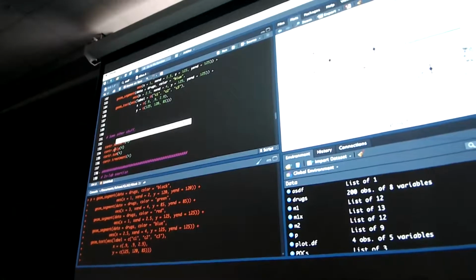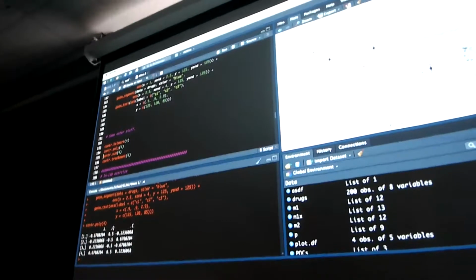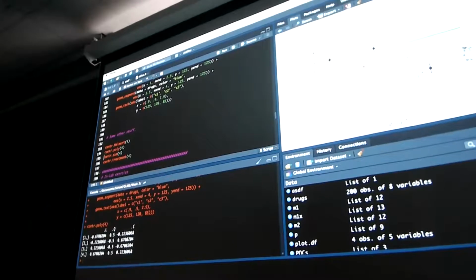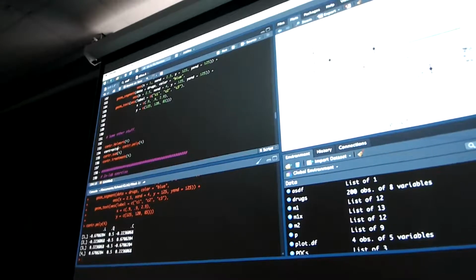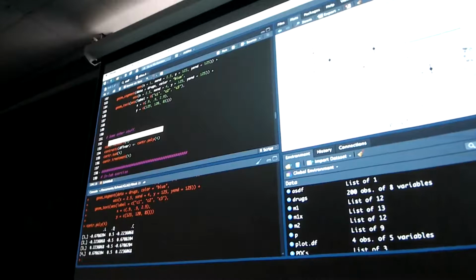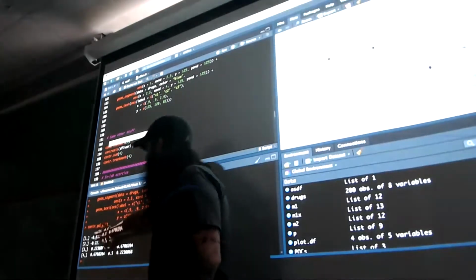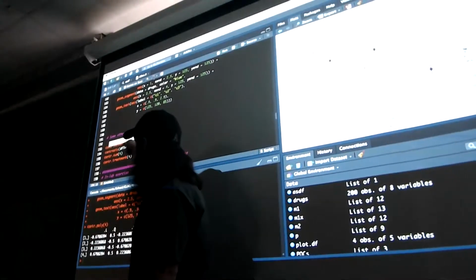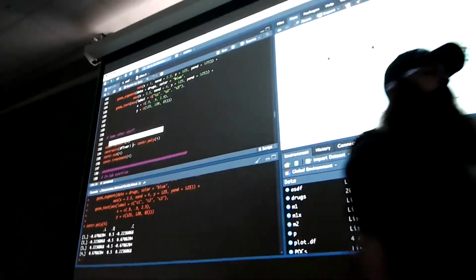So if you have 4 groups and you want polynomial contrasts, there you have it. So you could take this and just say contrasts, df, whatever your variable is, and it would then store this polynomial contrast as the contrast for that variable.